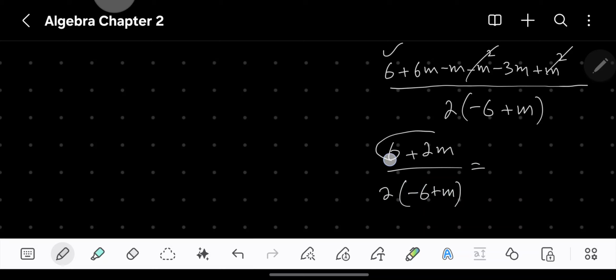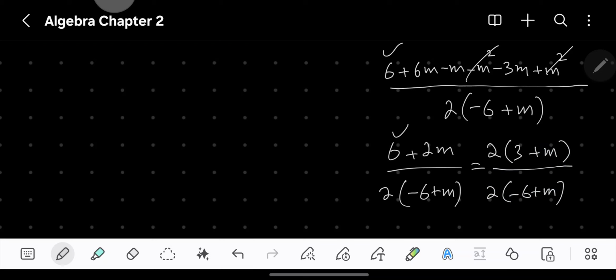You can check that I can take common 2 from the above. So if I take common 2, what will I get here? I will get 3. Plus, what will I get here? 2 is common, so I will get m, over 2 times minus 6 plus m. You know how I take common 2? Because if I multiply 2 inside, I will get 2 times 3, which is 6.